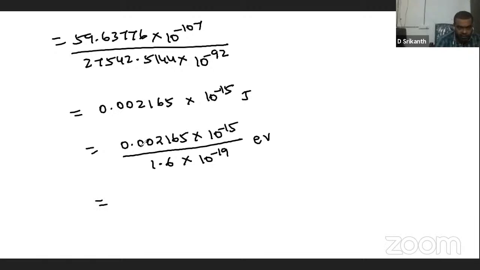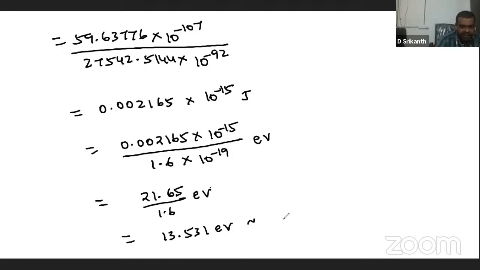So 21.65 by 1.6 eV. That is 21.65 divided by 1.6, 13.531 eV.